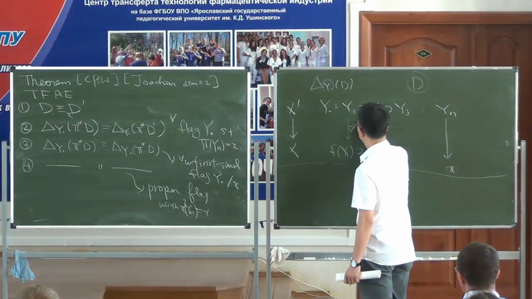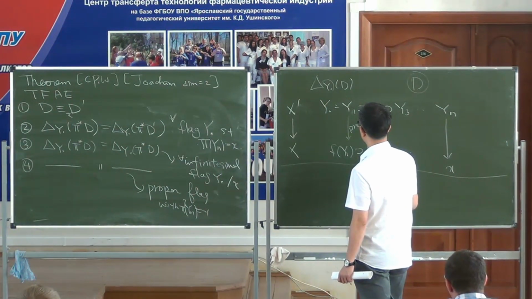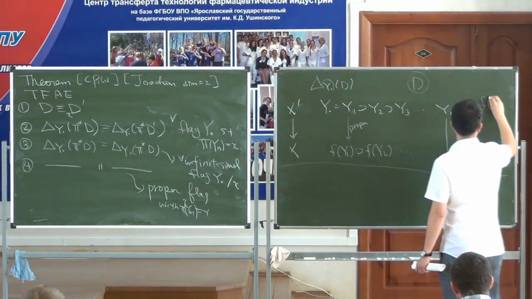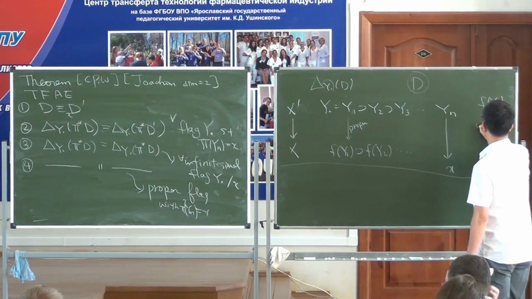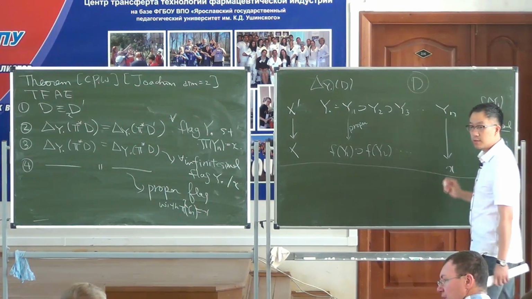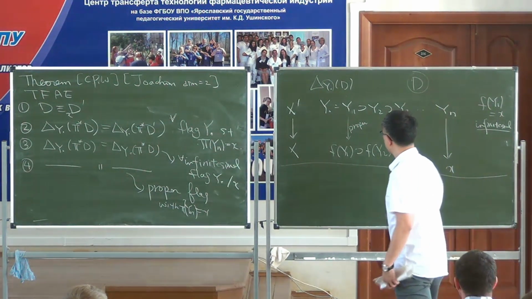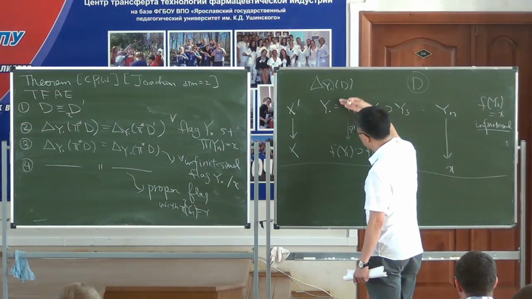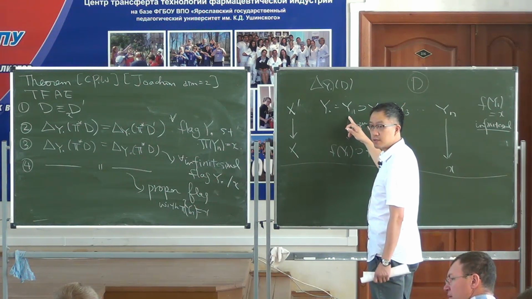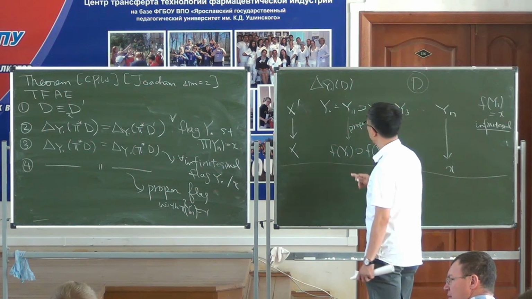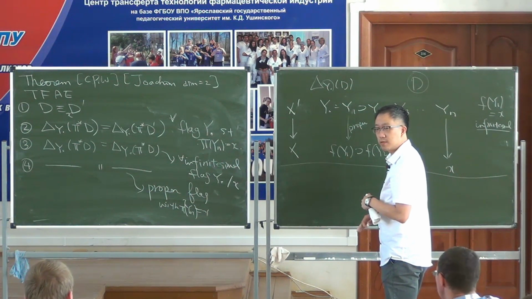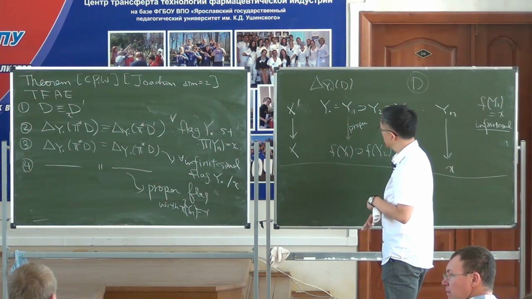So this case is proper. If y1 is mapped to x, this is infinitesimal. Proper means it just goes down to a flag. So a not proper flag is infinitesimal, and a not infinitesimal flag is proper.